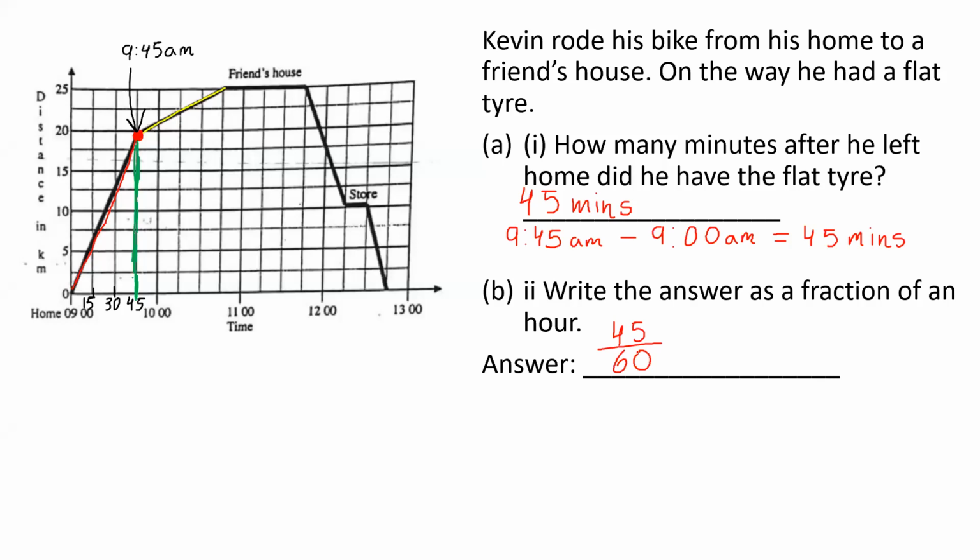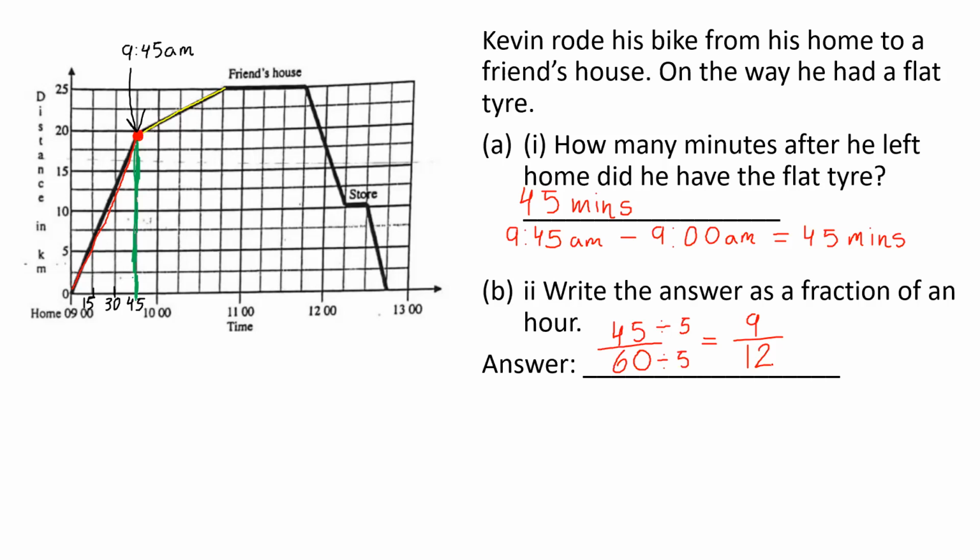So we could reduce it. What number could we use to go into 45 and 60? 5. 45 divided by 5 is what? 9. And 60 divided by 5 is what? 12. Good. So we have 9 over 12.